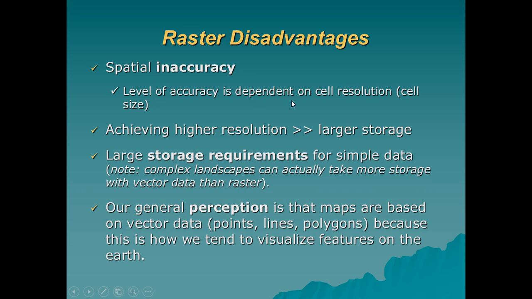So your level of accuracy is really dependent on your cell resolution, that is your cell size. Also, additionally, you are reminded that in order to achieve high resolution, you have to reduce your cell size, and by reducing your cell size you get a larger data layer which needs greater storage. So that's another problem.